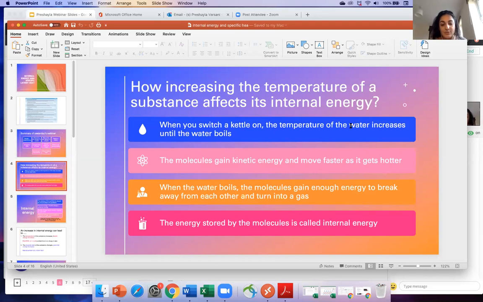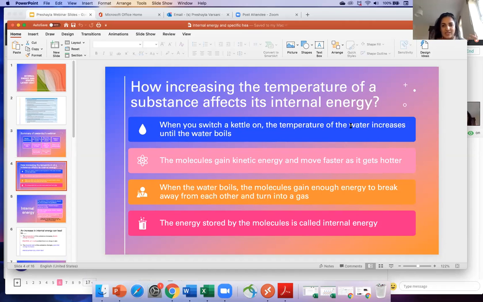When the water begins to boil, there is no change in temperature. When it's heating up, yes, there's a change in temperature, but as soon as it hits boiling point, as soon as it hits 100 degrees, the temperature does not change anymore.